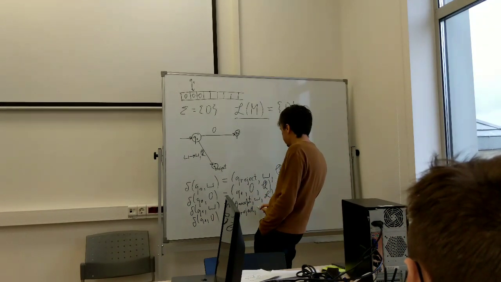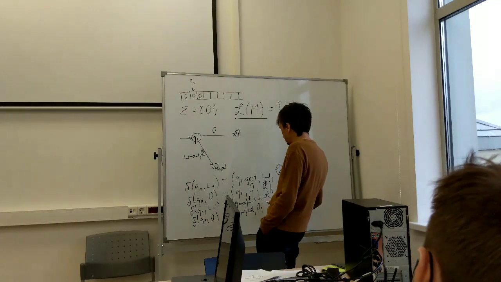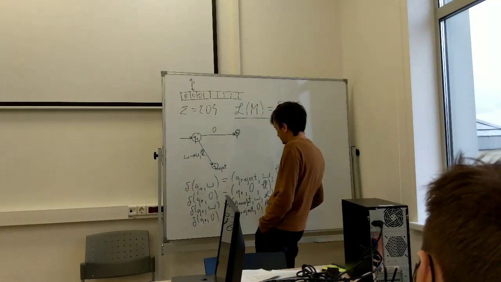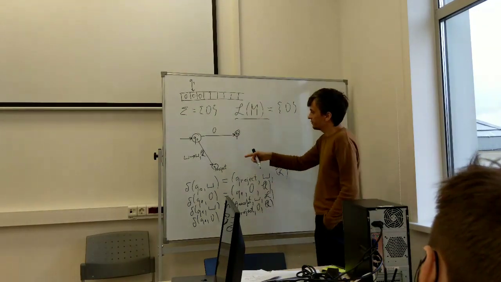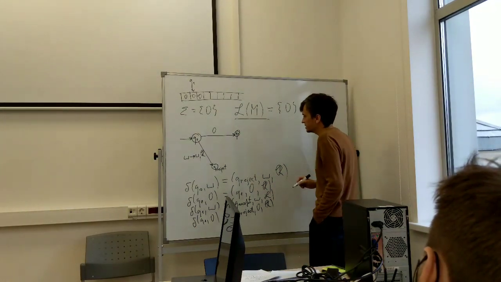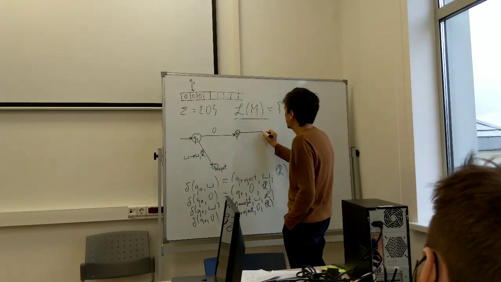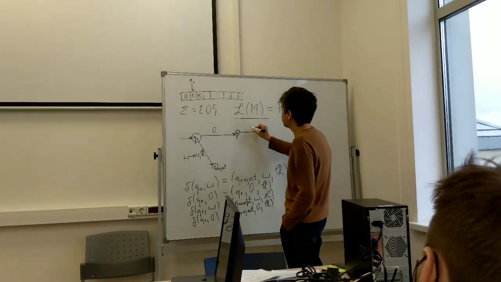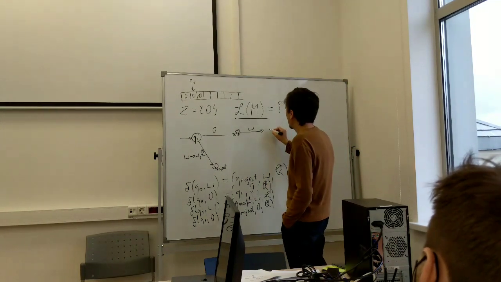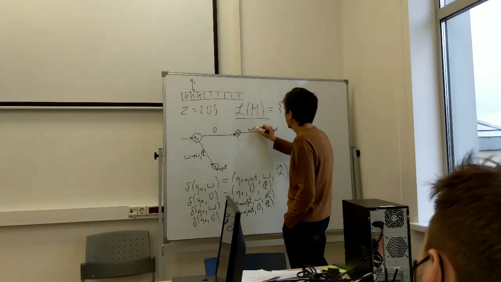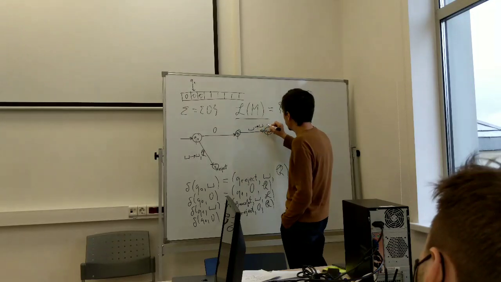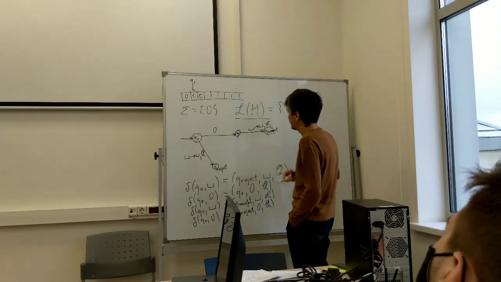And we don't change it, and we move to the right, for example. So if I want to continue this diagram, it's going to be something like this. So for empty, we're going to queue accept and replace it by empty and move to the left.